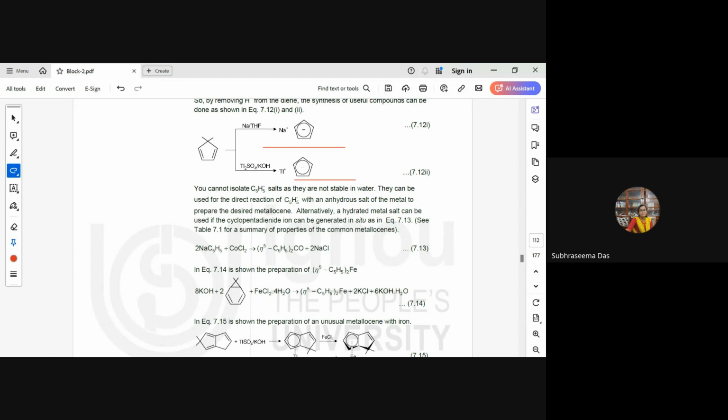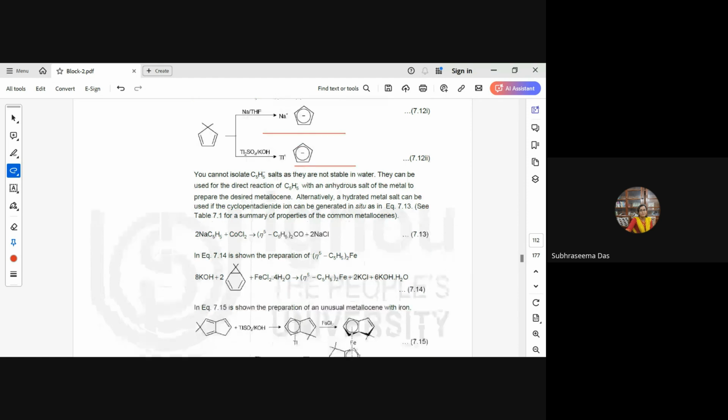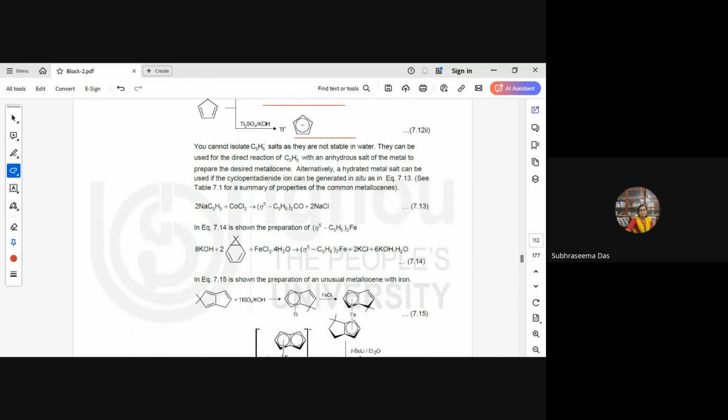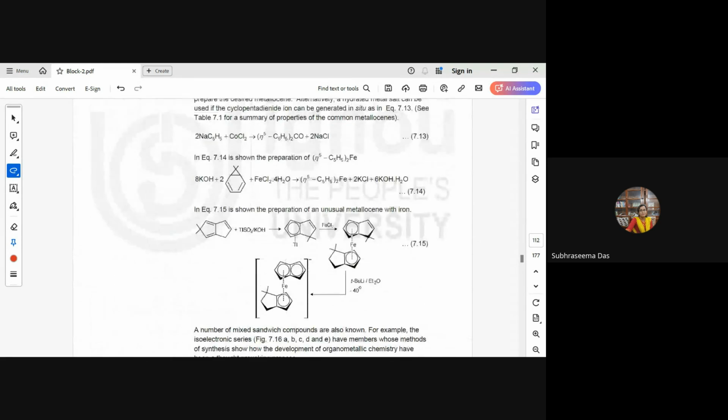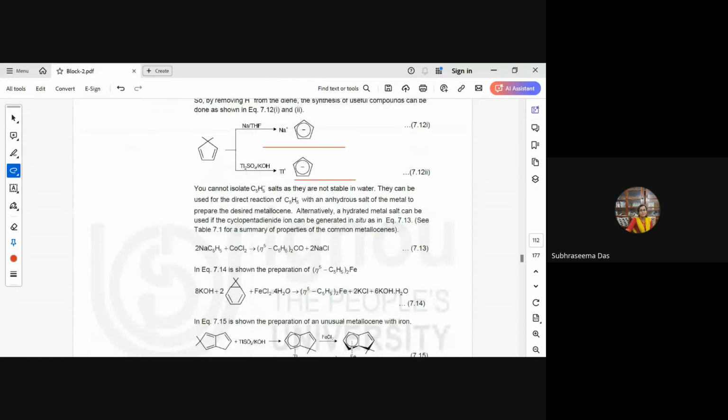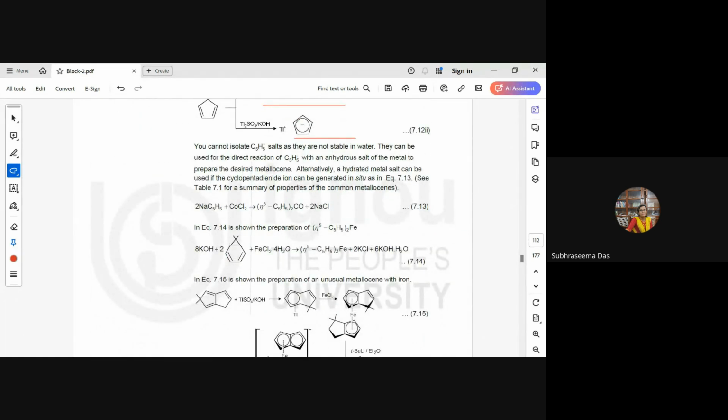The isolation of C5H5 minus is very difficult because it is not stable in water. So it can be used for direct reaction with the metal to form the desired metallocene. Another, a hydrated salt, is also used, to form the in situ preparation. Table 7.1 shows the various methods of preparation of the common metallocenes.